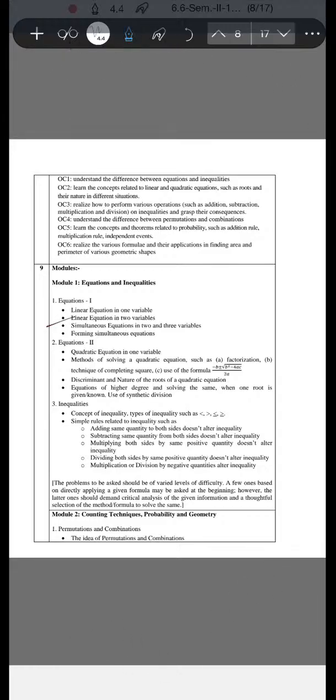A linear equation in two variables. How many variables can there be here? Two variables.